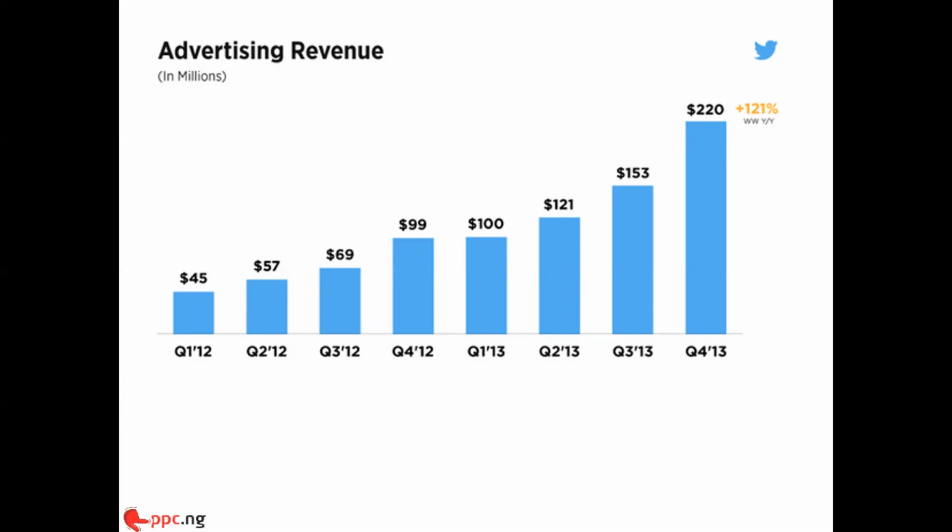So it started peaking, $100, $121, $153 to $20. Of course, these figures are in millions of dollars. So you can see it started peaking. So what will this figure be in 2014, 15, 16, 17, 18, 19, and this is 2021? Your guess is as good as mine.